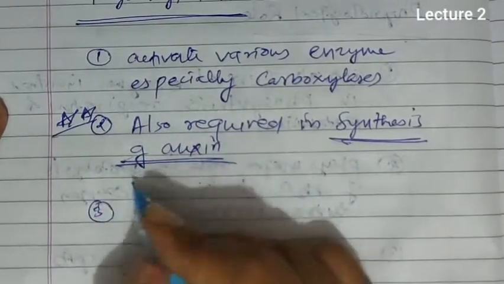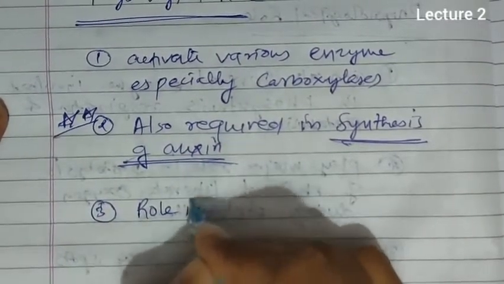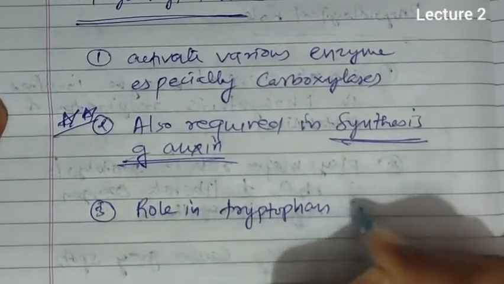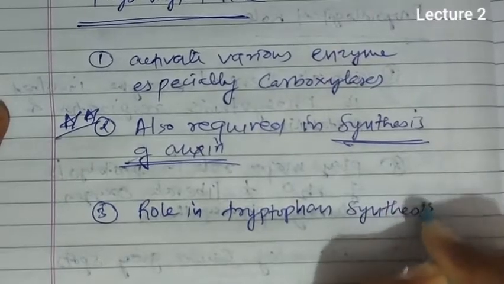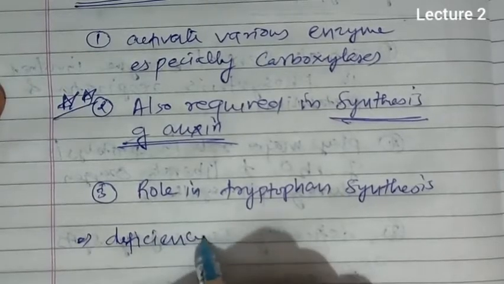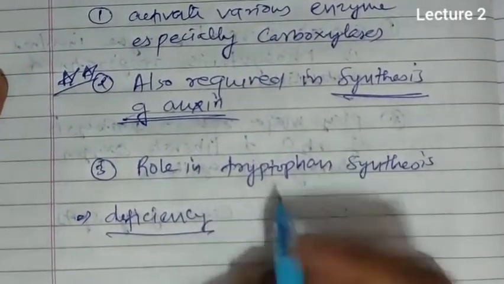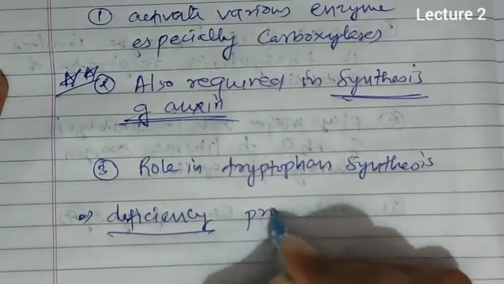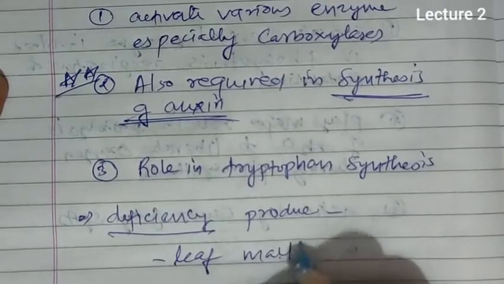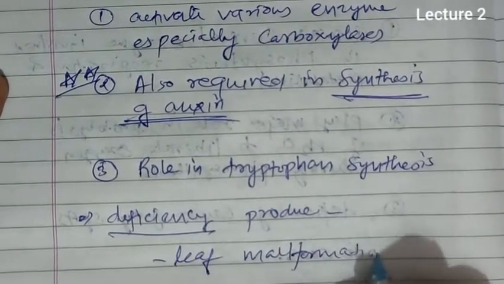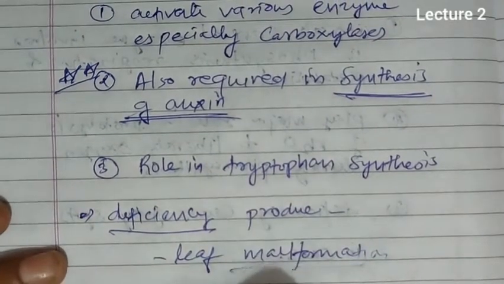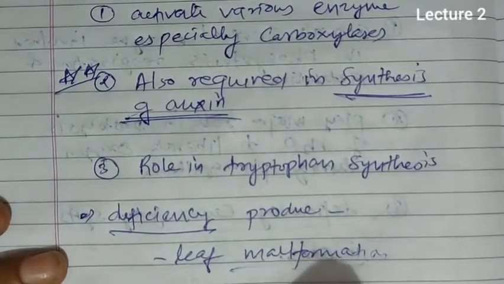Next, has role in tryptophan synthesis. And its deficiency produce leaf malformation and little leaf.